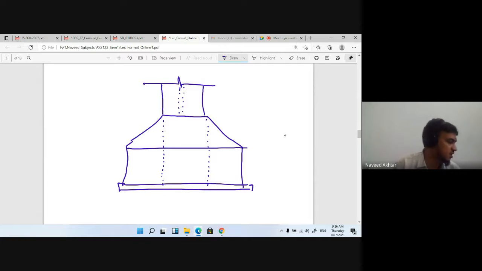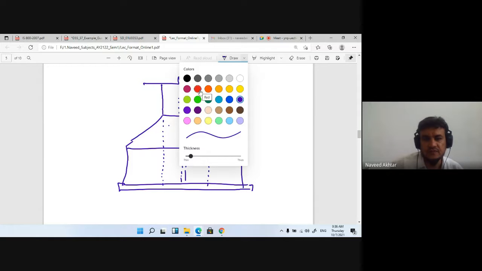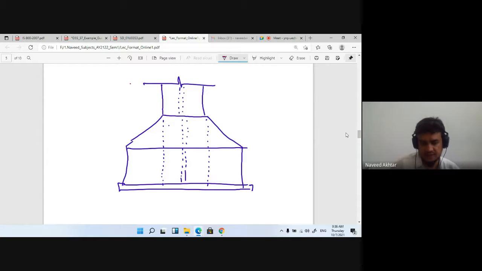So you know that 16 bolts are there. This dotted line here is the flange, you cannot provide the bolt at the flange position. So provide one bolt here, one bolt here, one bolt here, one bolt here, one bolt here.